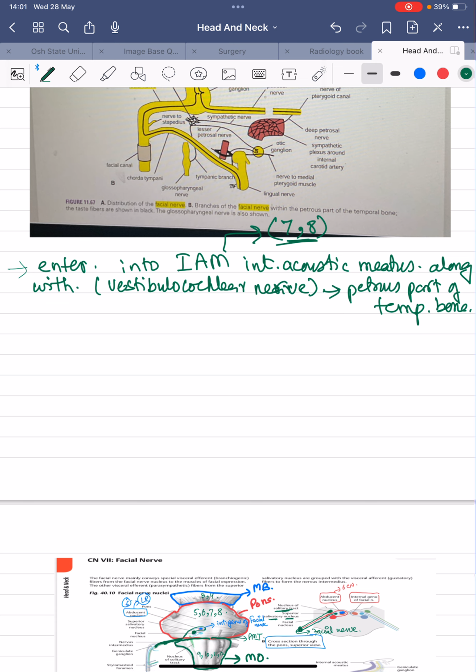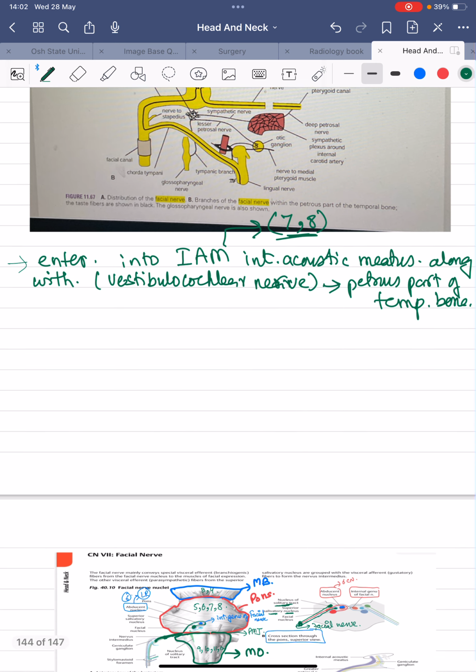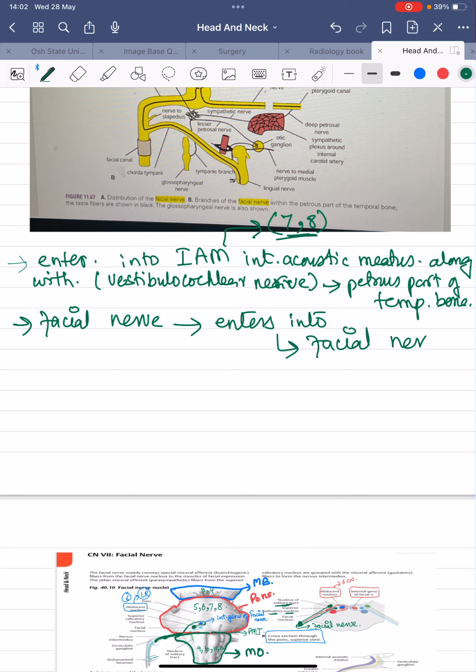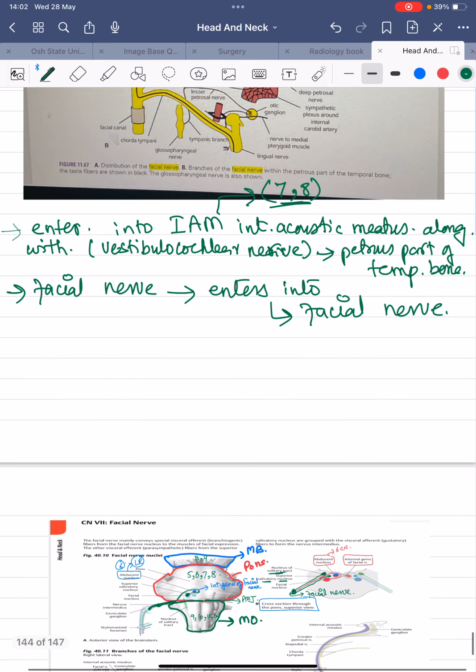Now please remember, when it enters the internal acoustic meatus, our facial nerve enters the facial canal. I will show you in the diagram, no need to worry. When it enters the facial canal, it runs laterally into the internal ear.